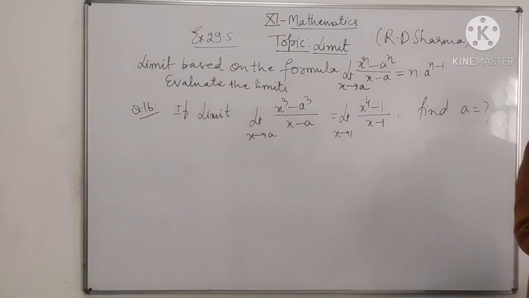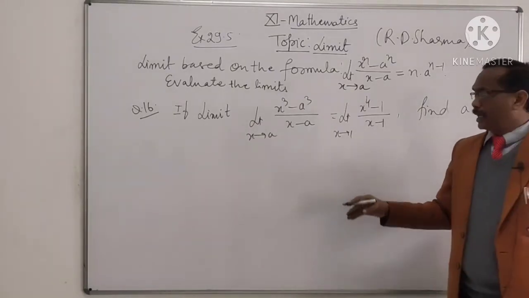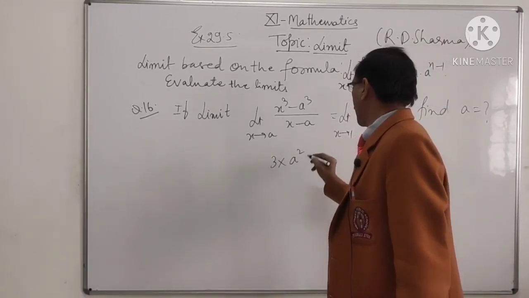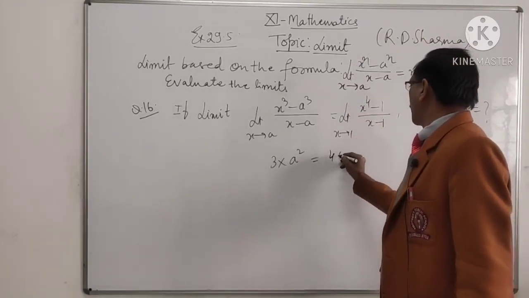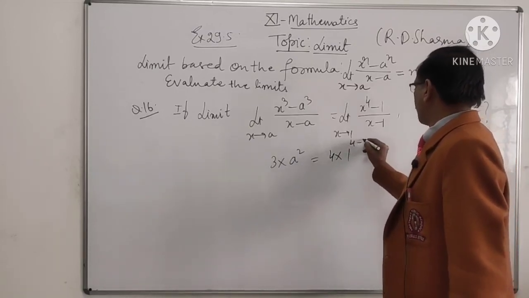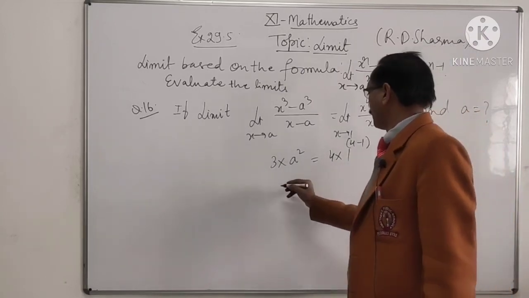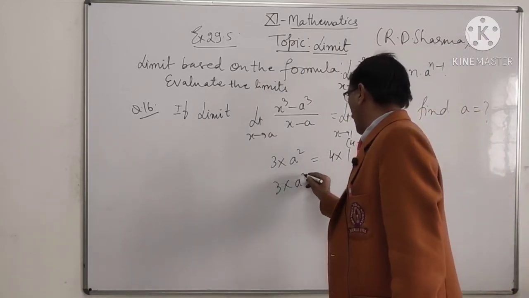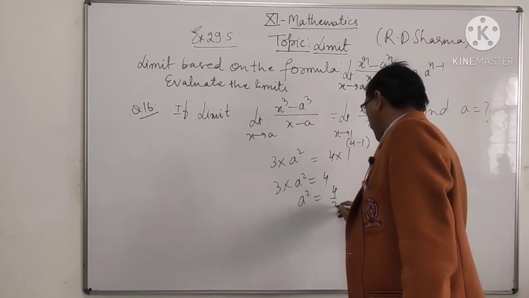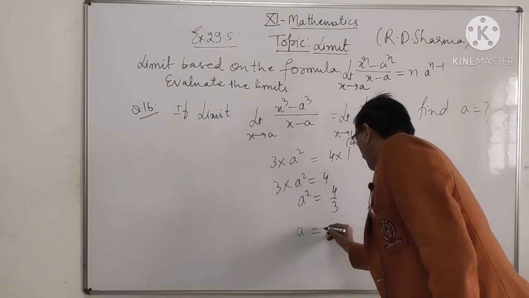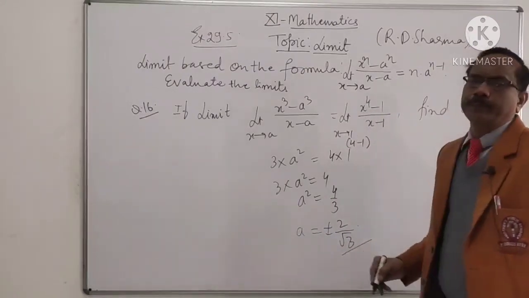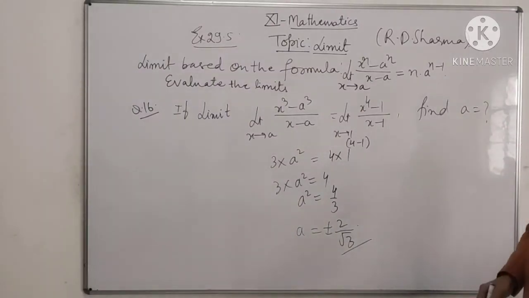So very simple, apply this formula on both sides. So it is 3 into a square equal to 4 into 1 power 4 minus 1, which is cube. So 3 into a square equal to 4. A square equal to 4 upon 3 and a is plus minus 2 upon root 3. The value of a is plus minus 2 upon root 3.